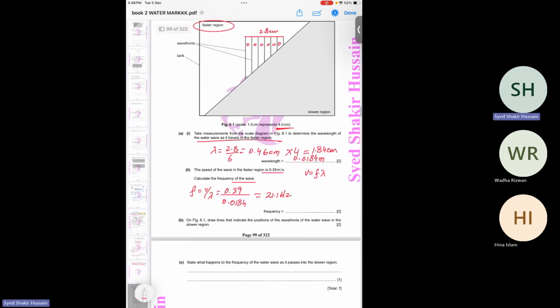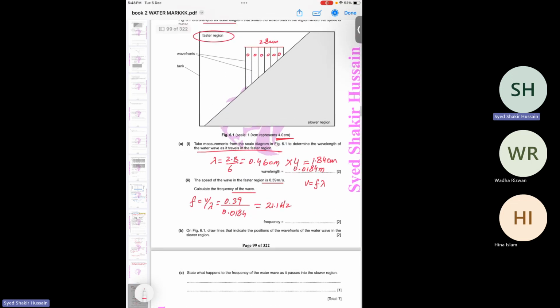Okay. On figure 6.1, draw lines that indicate the position of the wavefronts of the water wave in the slower region. So slower is shallow, right? Slow is shallow. Slow, shallow: both of these words have low at the end.